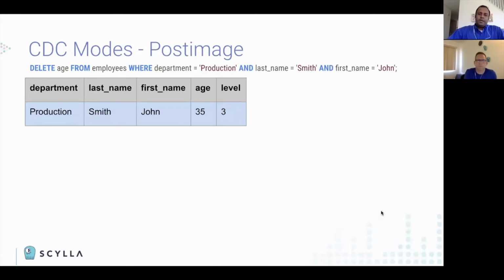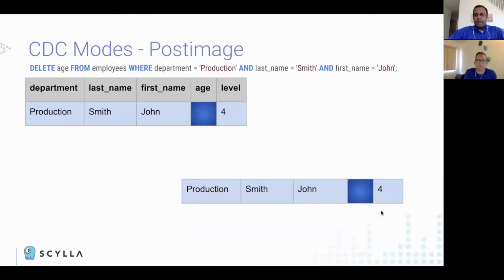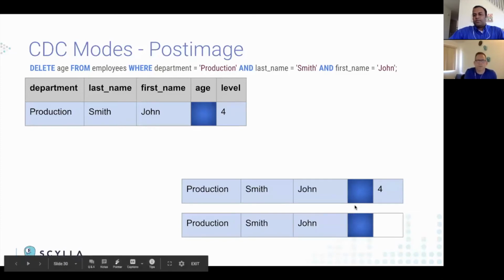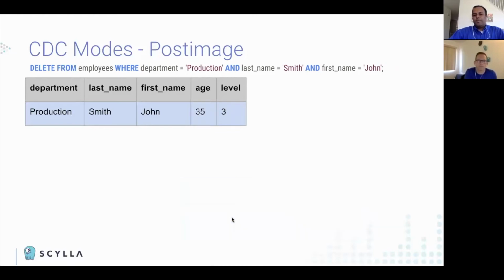So next, if you're subscribing to the post image and you delete the record, you delete the age, then the post image which you get is the primary key as well as the level, and you also get the tombstone. And if you're subscribed to the delta, then you get the tombstone and the primary key.